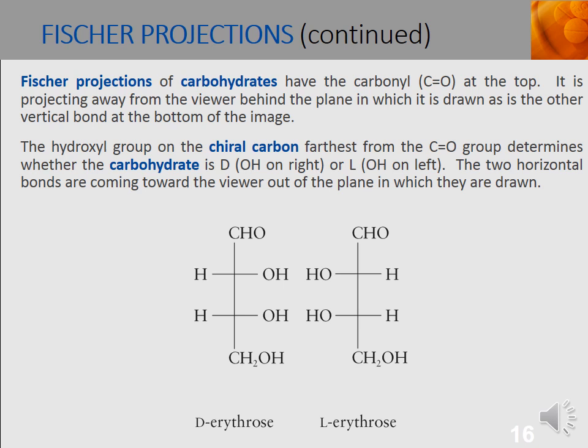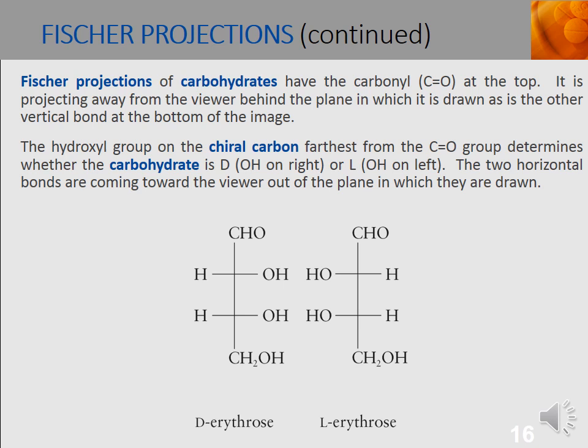Again, here I would like to explain why this is called D-erythrose and why this is called L-erythrose. Here the OH groups are on the left side, while here the OH group is on the right side.